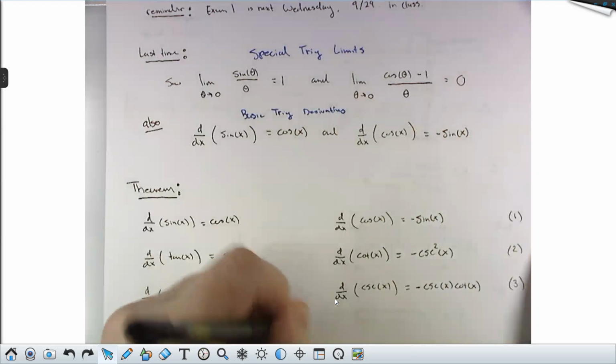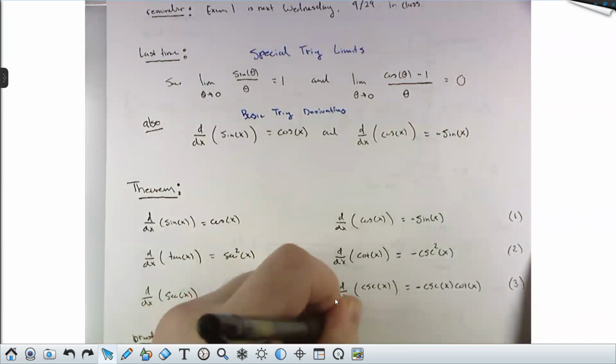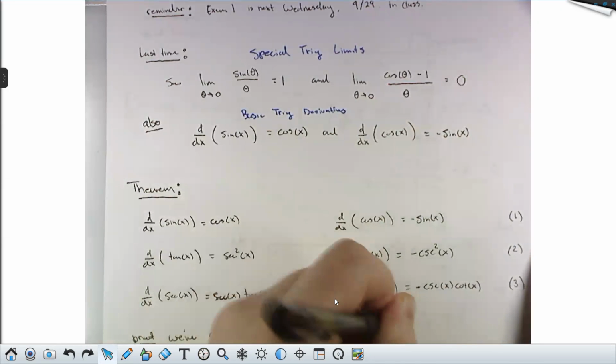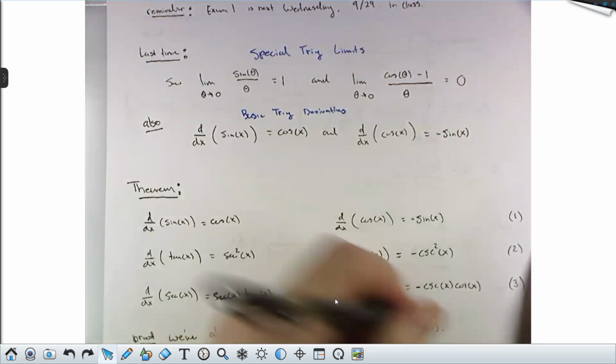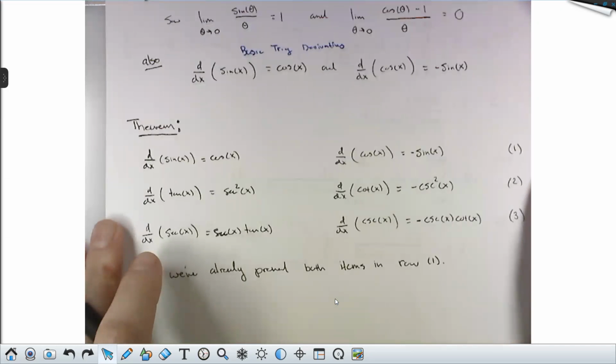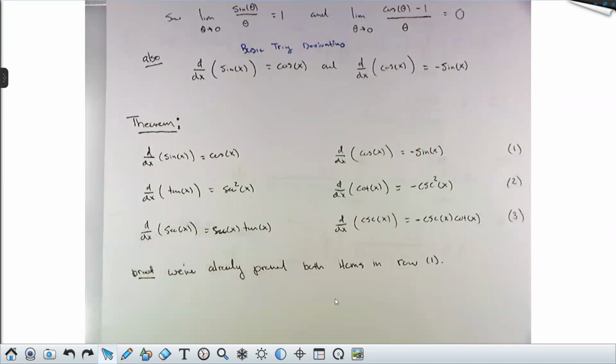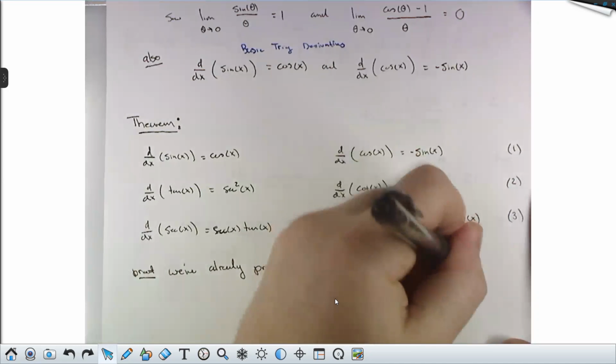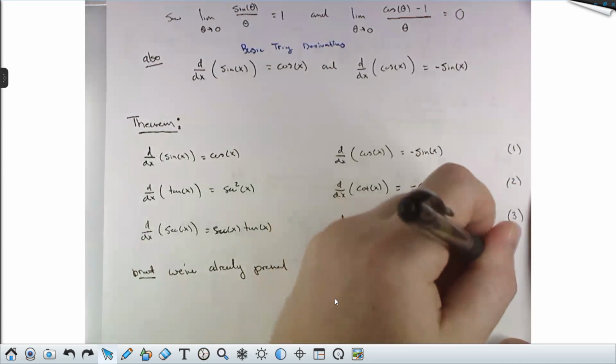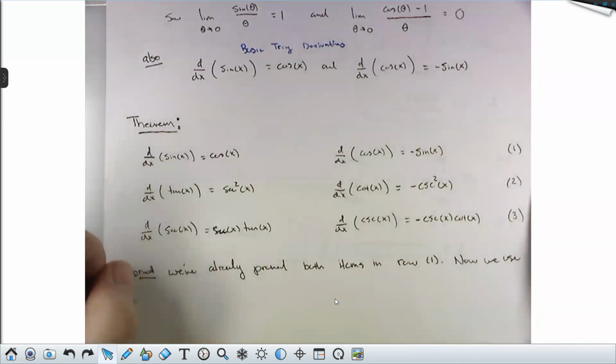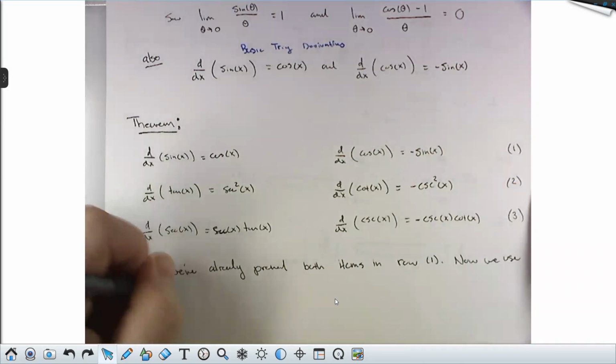We've already proved both items in row 1. Right, we did those manually using the definition. Now we'll use them to prove the rest.